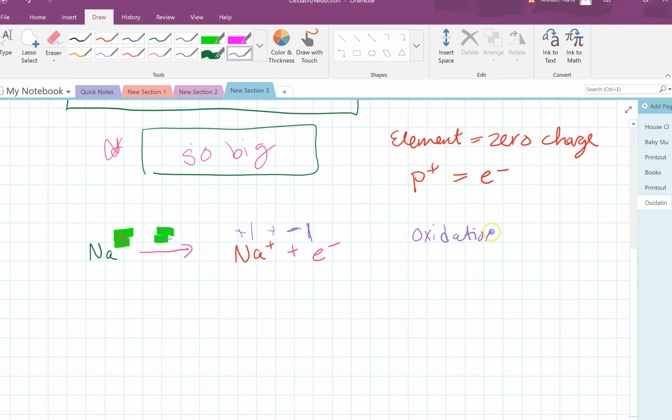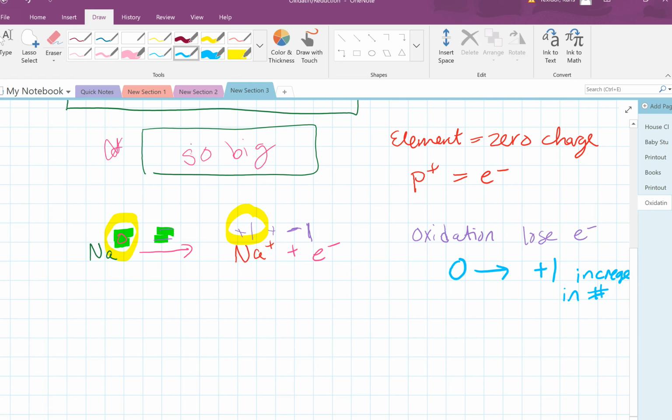But if we look at the numbers, the biggest important thing is looking at the oxidation numbers, or the charges. So sodium starts with a 0 and goes up to a +1. So the oxidation part of the redox reaction has an increase in the oxidation numbers.